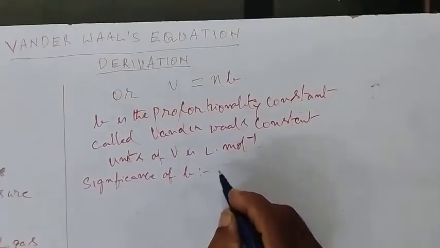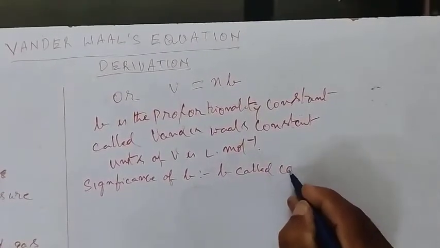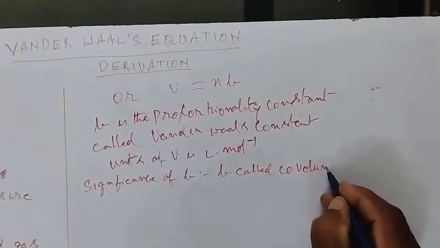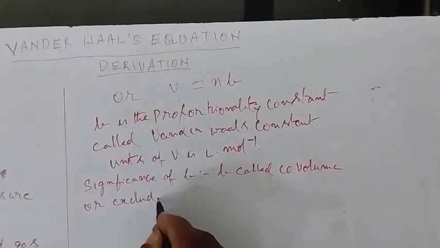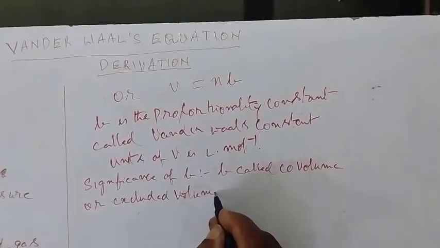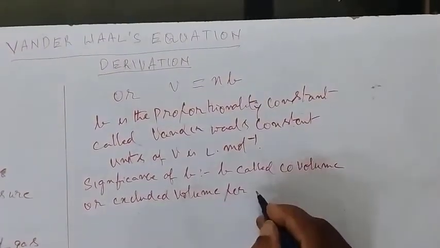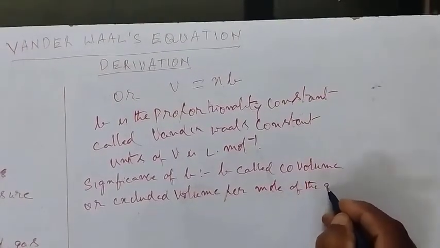The significance of b is that it is called co-volume or excluded volume per mole of the gas.